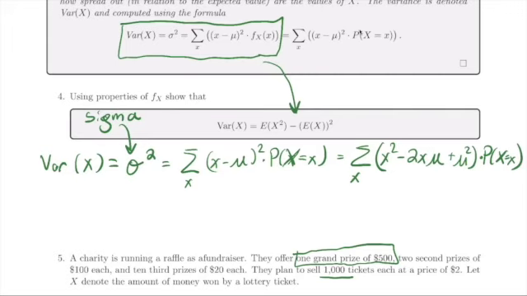And I should say that in this formula, this mu would be the expected value that you calculate. So in order to calculate the variance, you need to first know what the expected value is. The variance depends on the expected value. So all I've done so far is a little bit of algebra, just squared that expression. And now I'm going to distribute this probability to each of those three terms.